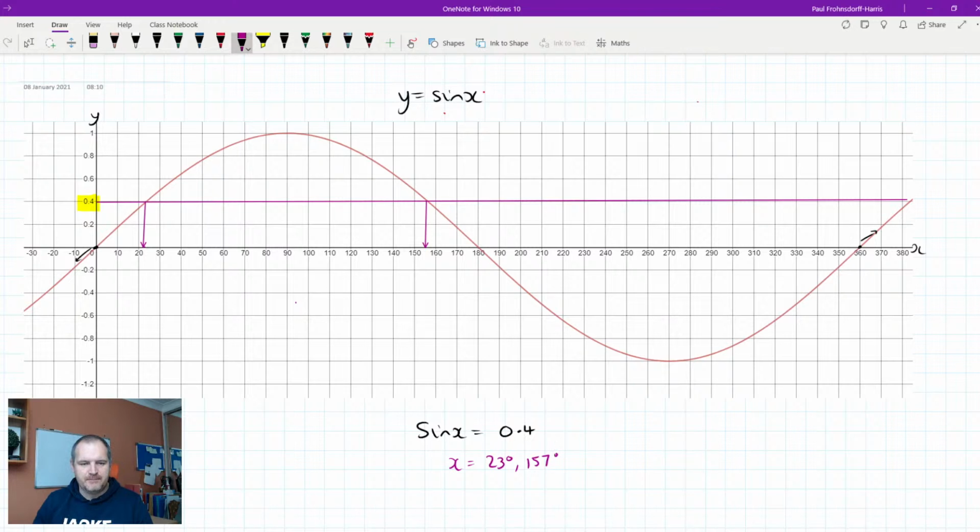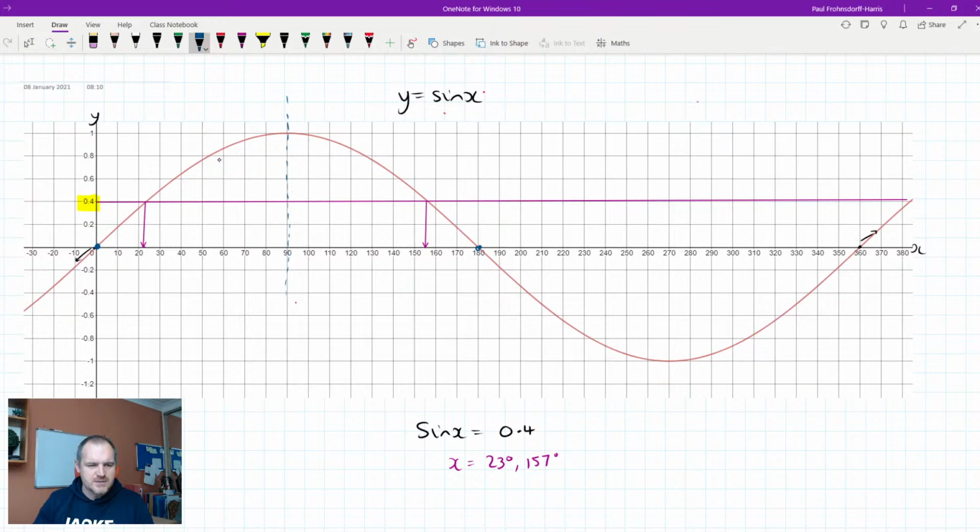Even better than that, I spot that there is like a mirror line at 90 degrees. So what I can do, if that's a mirror, the distances have to be the same away from the mirror line. If that's a mirror, then 180, which is one end of the mirror, and this mound is mirrored.